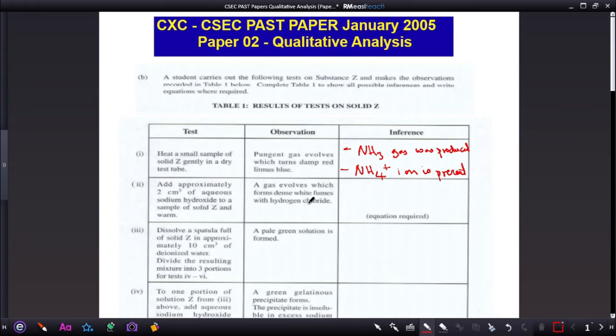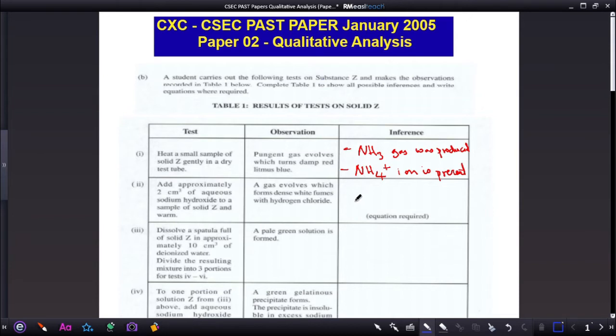Part 2. Add approximately 2 cm³ of aqueous sodium hydroxide to a sample of solid Z and warm. The observation is that a gas evolves which forms dense white fumes with hydrogen chloride.